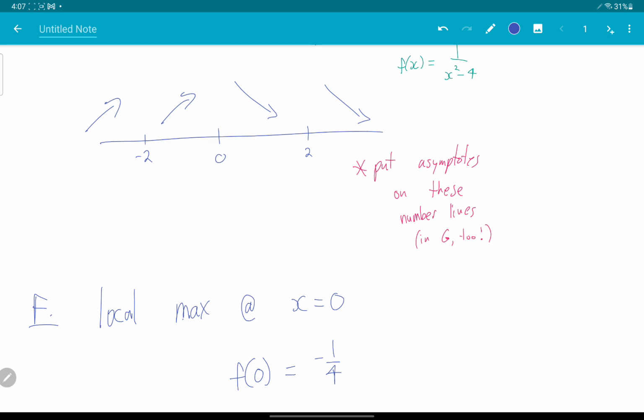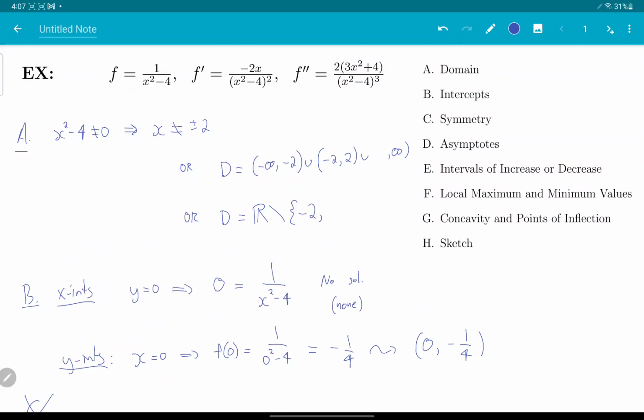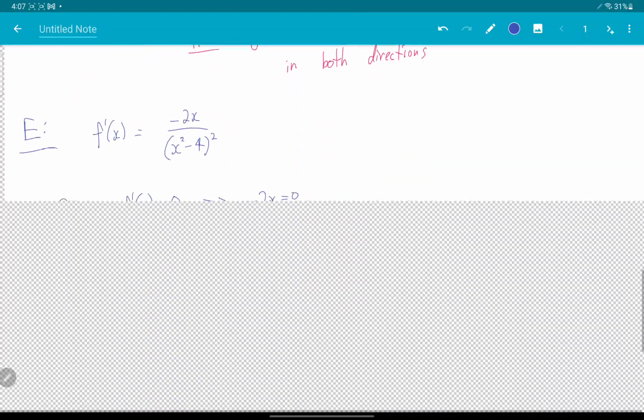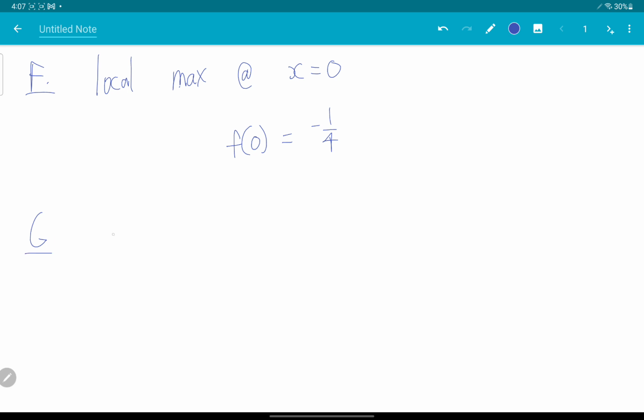G, concavity. So I'm going to need the second derivative, which is right here, 2, 3x squared plus 4, all over x squared minus 4 cubed.